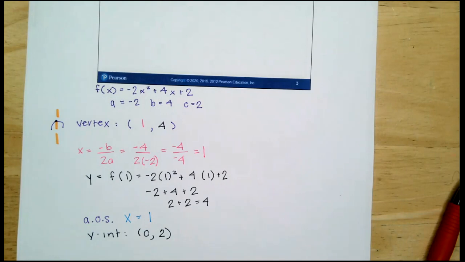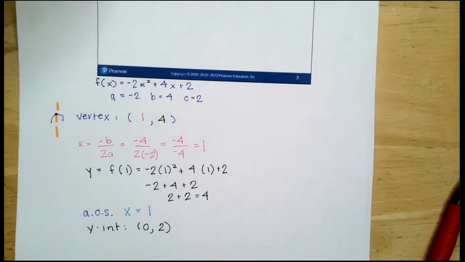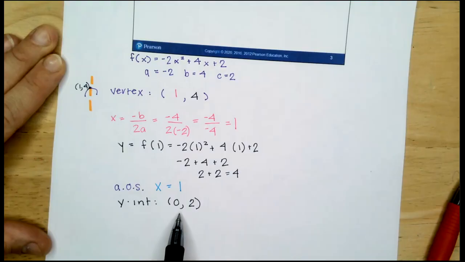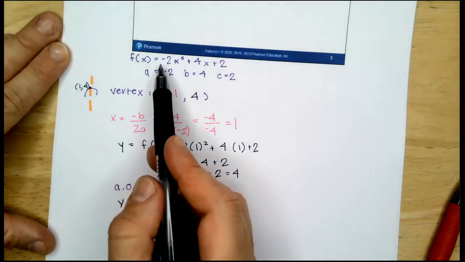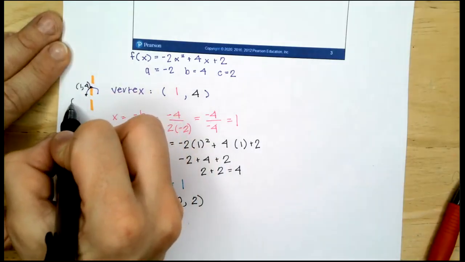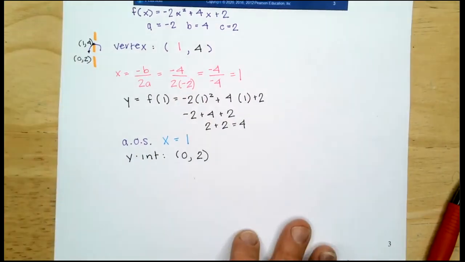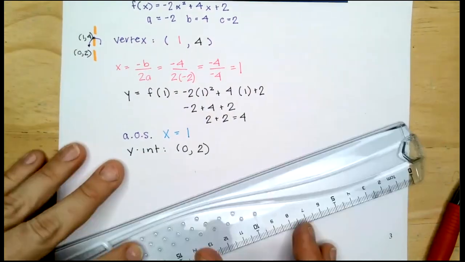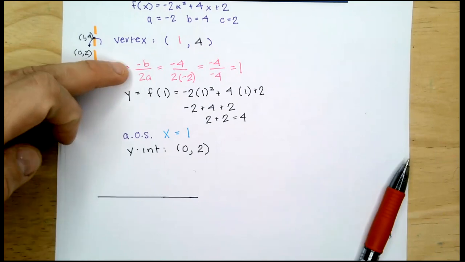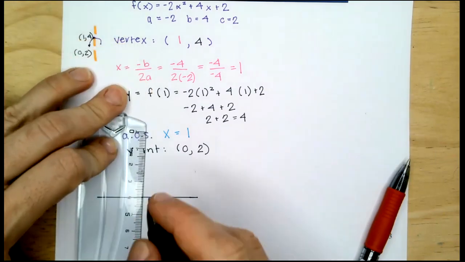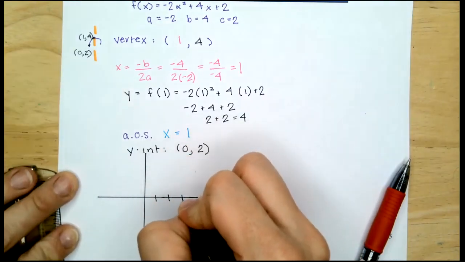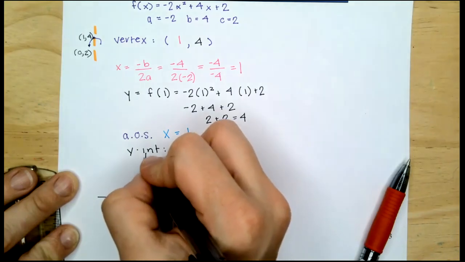Now I can graph this. Okay? Let's graph it. So that vertex is at 1, 4. And then it's going to open down because it's a negative a. My y-intercept is at 0, 2. I should have made the graph taller. 1, 2, 3, 4.